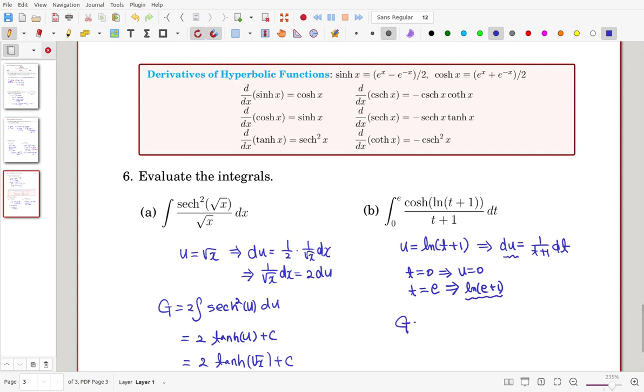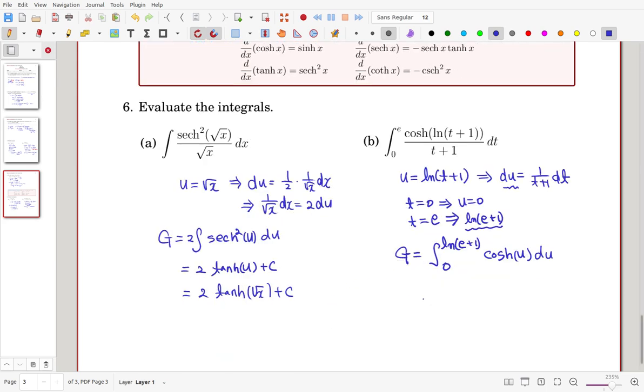So the given integral is changed into the integral from 0 to the natural logarithm of e plus 1, and this portion is now cosh of u, and the remaining part, 1 over t plus 1 dt, is simply du. For that, the integral of cosh must be sinh. So that is sinh of u, with u from 0 to the natural logarithm of e plus 1.